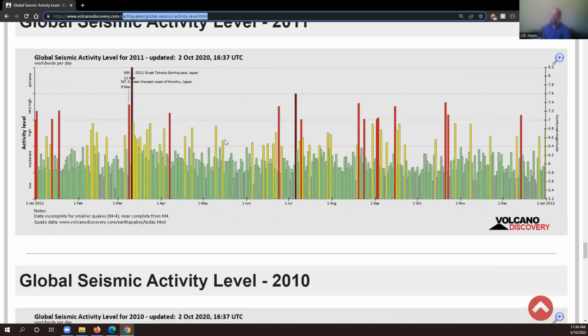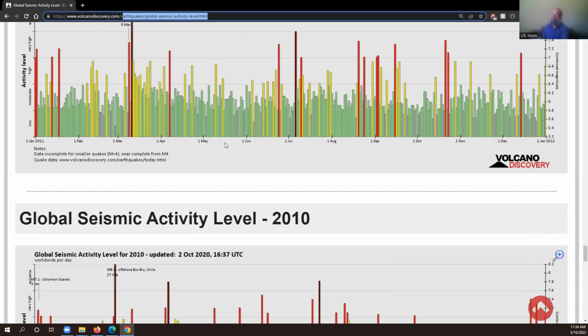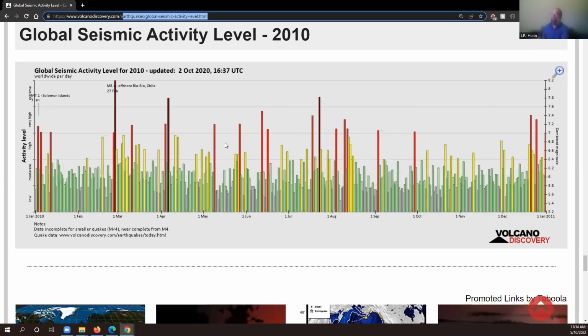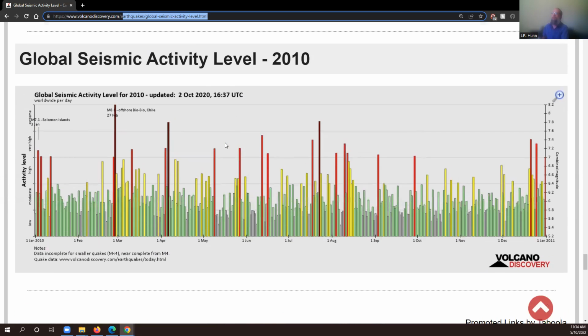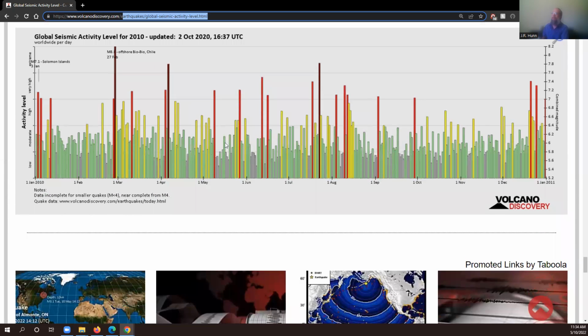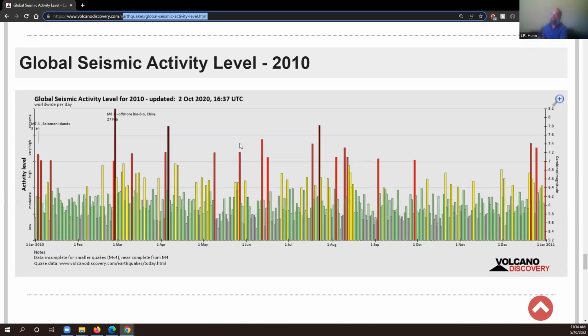Here, middle of May, we have this one, mid 6s, and this year being 2010, not such a strong one there, right in the middle of May. There was one probably May 8th, followed by, I don't know, 10 to 12 days later, another over 7.